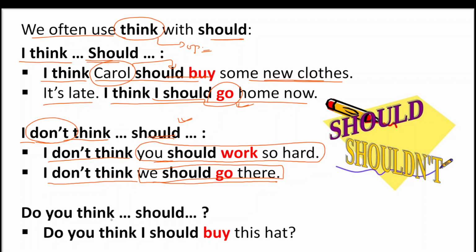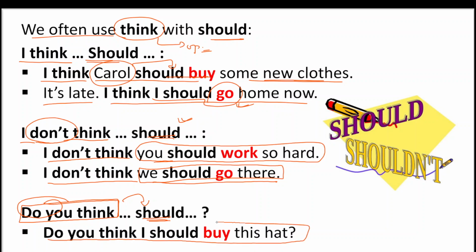Now when we have to make questions, first of all we will use do and does in the sentence. Do you think, okay, what is your opinion, when somebody asks it, and we have to use should here. Do you think should plus first form. The question is, do you think I should buy this hat?